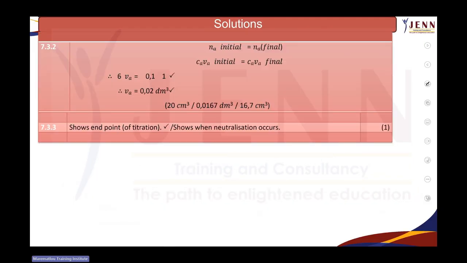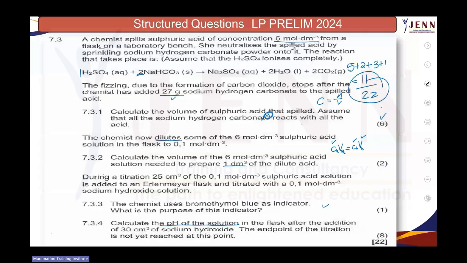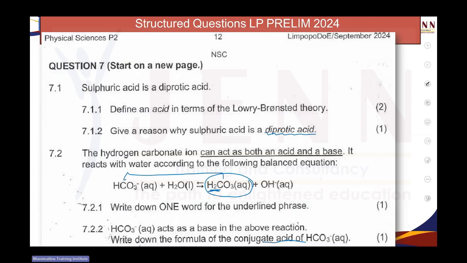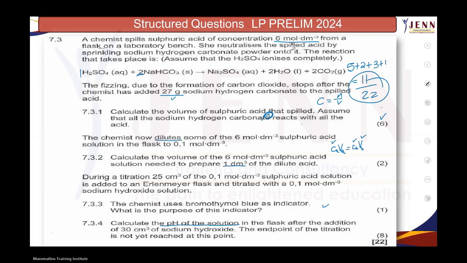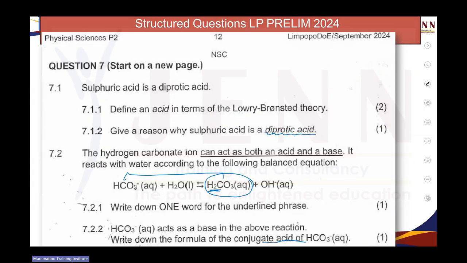Maybe let me go back, this one. You see, 7.1.2, they said that we must calculate the concentration. 7.1.2 or 7.3 maybe. Which one? This one?